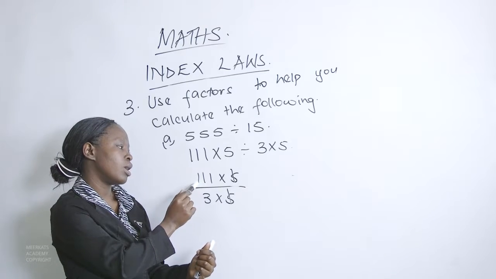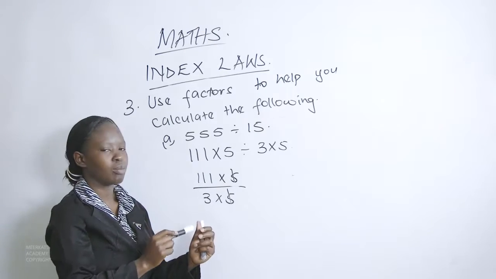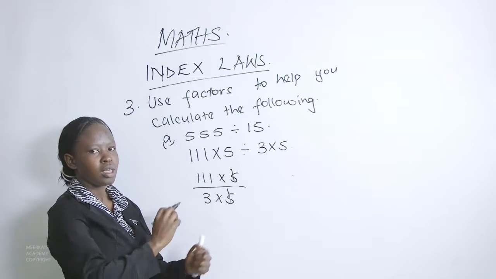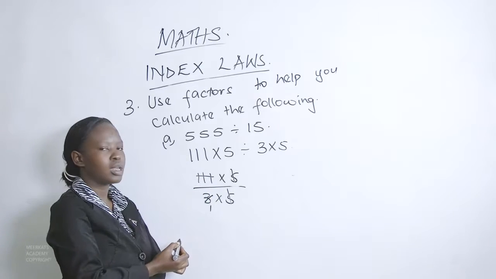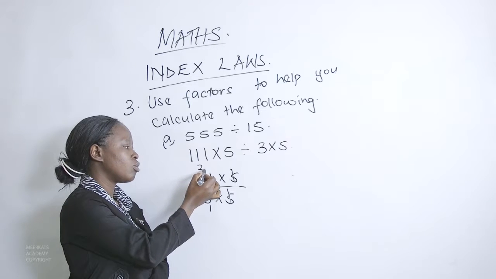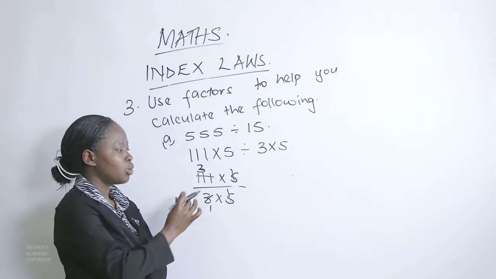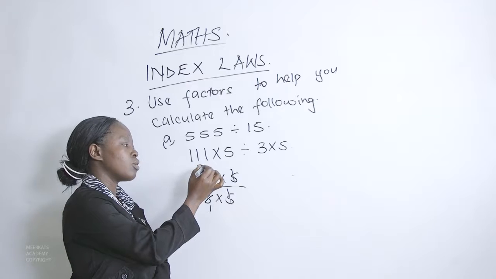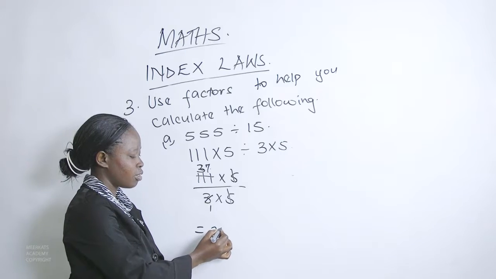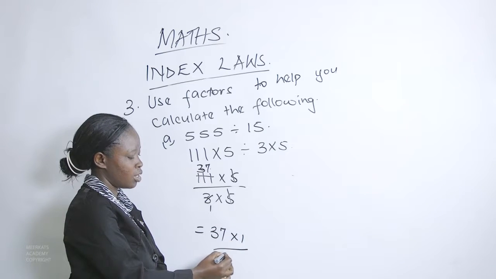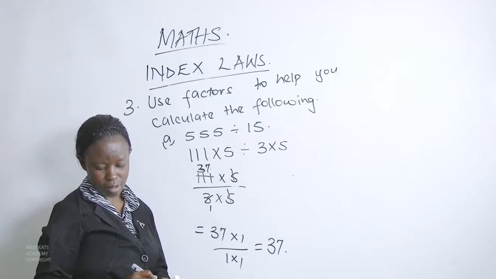So 1 plus 1 is 2, and 2 plus 1 gives me 3. 3 is divisible by 3, so my 111 is divisible by 3. 3 into 11 is 3 because of 9, and we are left with 2, into 21 we have 7. So in my simplification, I have 37 times 1 divided by 1 times 1, which gives us 37 as the answer.